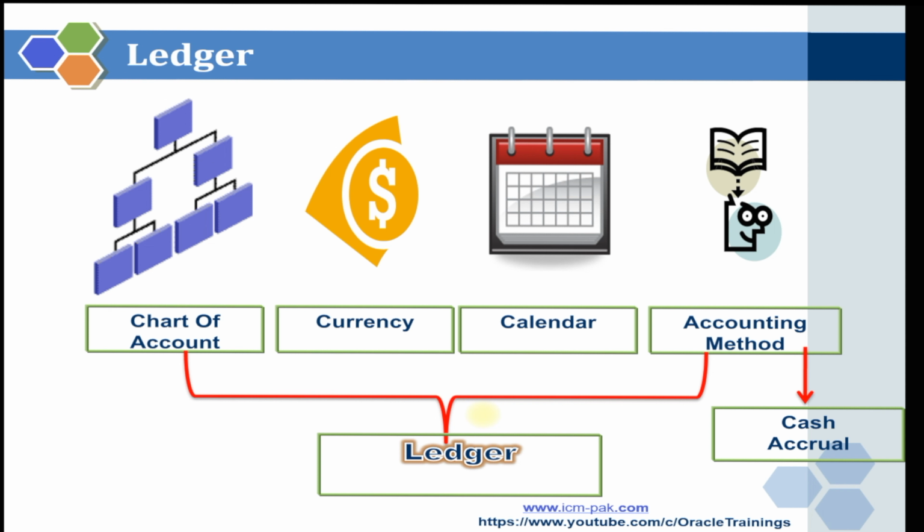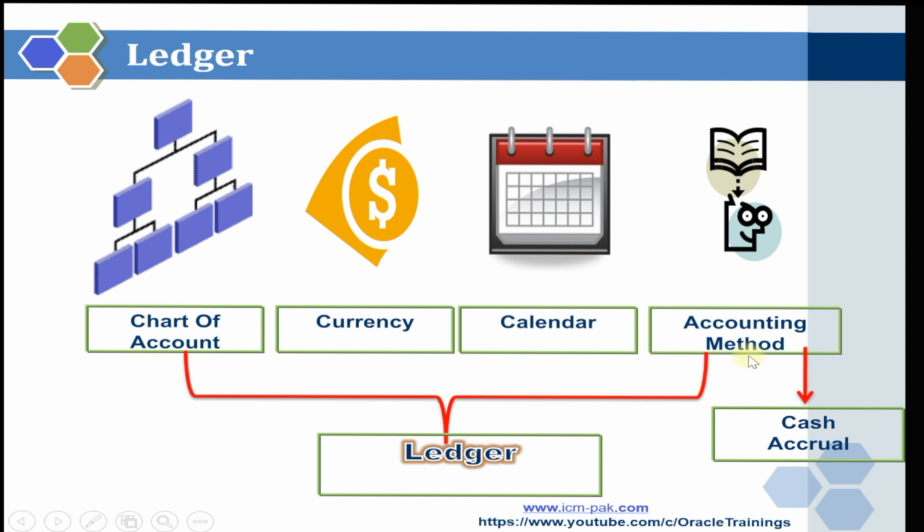You can have a primary ledger, a secondary ledger, and foreign currency ledgers. I will teach you these ledgers gradually. You will learn about the terms, and then we will do some implementations. Anyhow, you need to understand that the basic building block for your implementation for any financial module is called a ledger. A ledger consists of 4 things: chart of accounts, currency, calendar and accounting method.